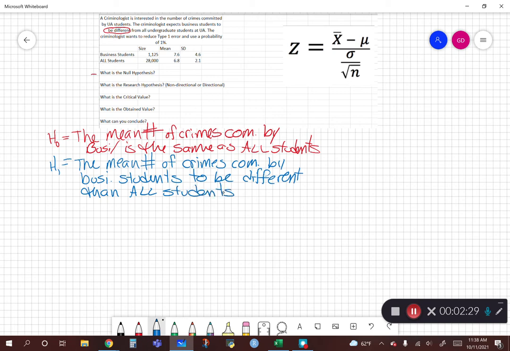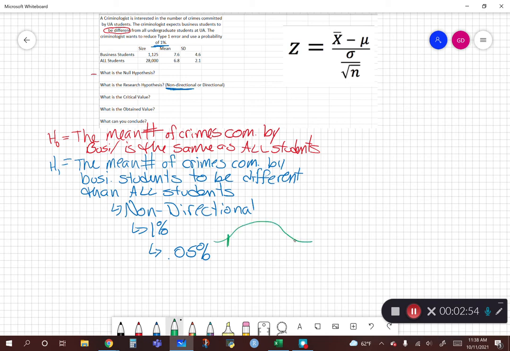So with that, we already know that we have a non-directional test, and we also see the 1%. That ends up meaning that we actually have to divide that in half, because if you think about what we're doing here, we're trying to find our obtained value compared to our critical value.